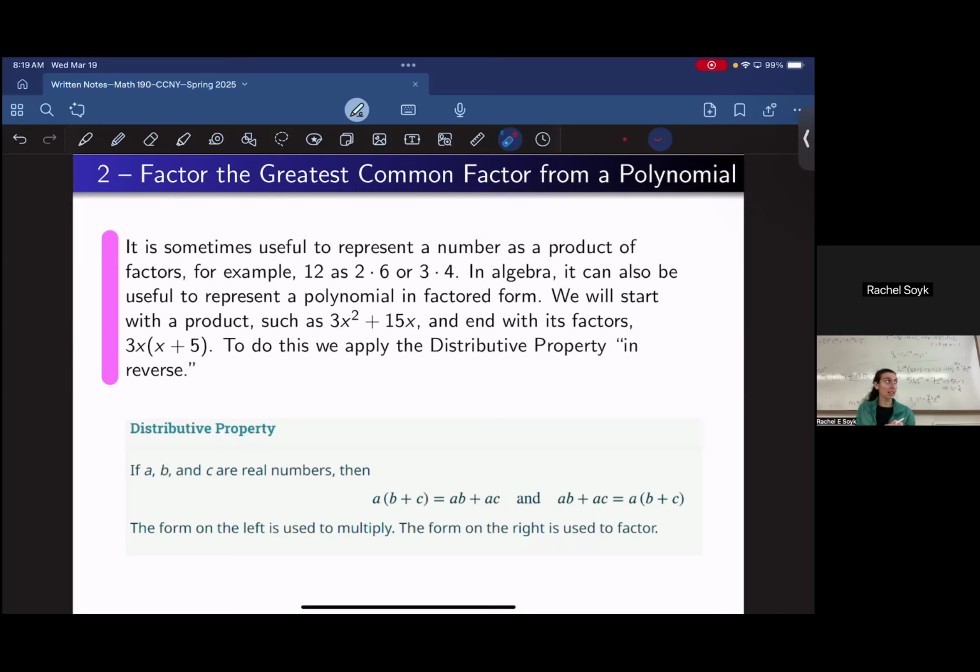Beautiful. Just like I said, we're reverse engineering everything. And I'll actually write that down. We are reverse engineering.